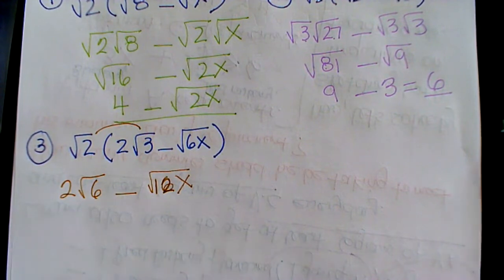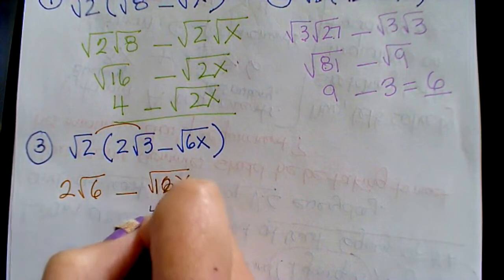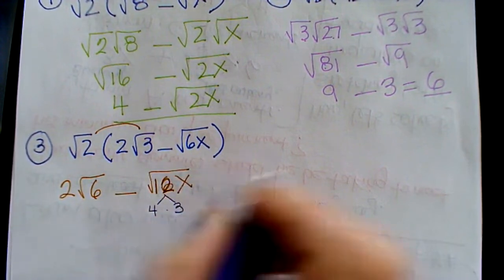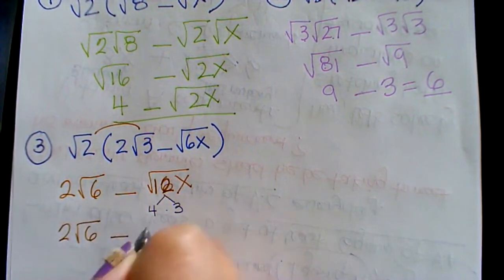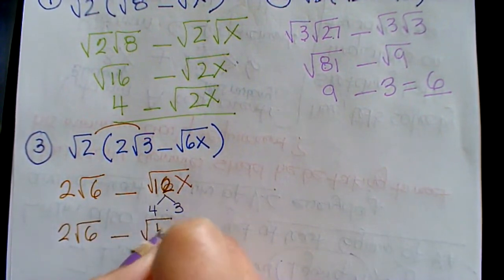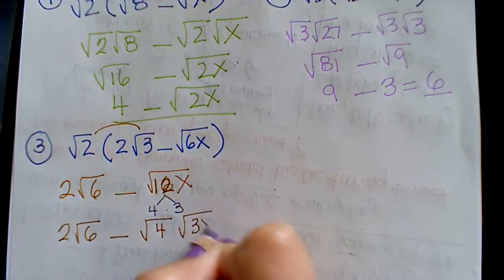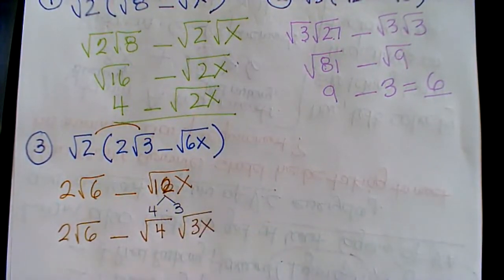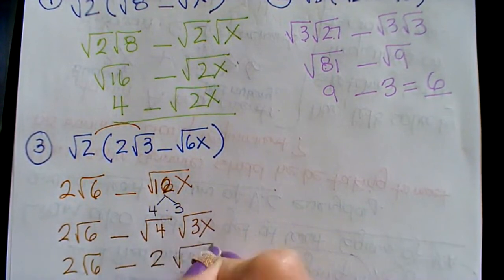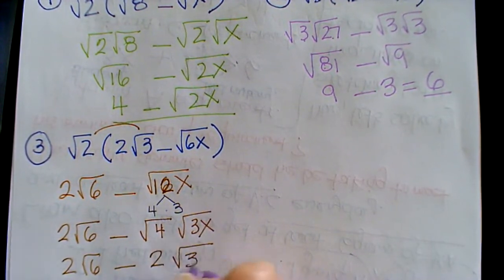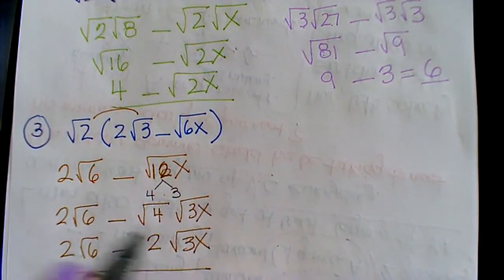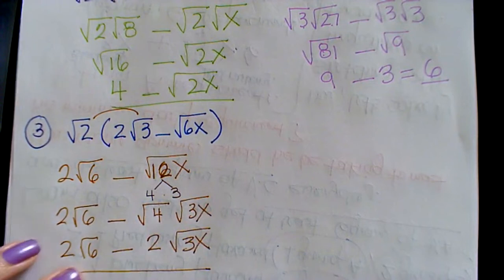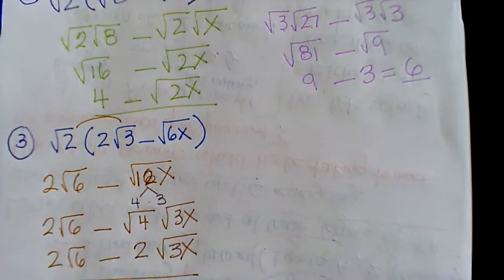So now 12 is equal to 4 times 3. So we could do square root of 4 times square root of 3x. Square root of 4 is 2 and square root of 3x. And we can't do anything else here, guys. That's going to stay the way it is. Let's do this one.